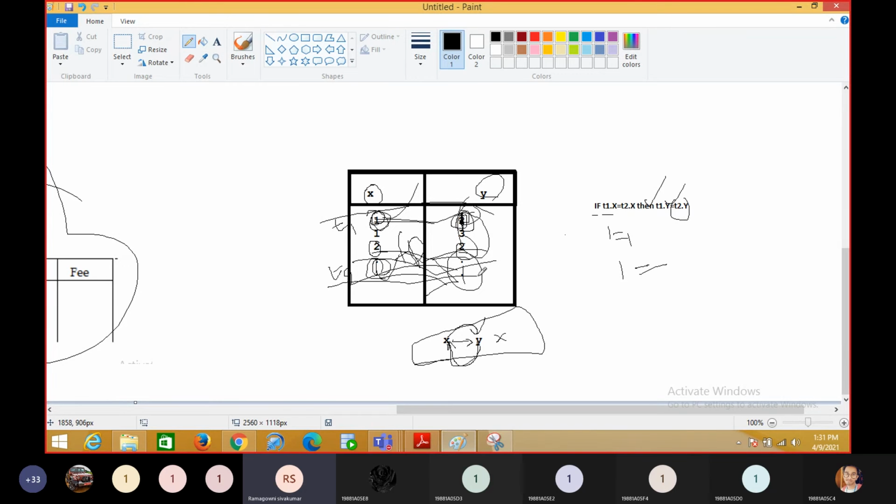From t2 row, y is 1. So that is also equal. That means we can say x determines y value, y is depending on x.